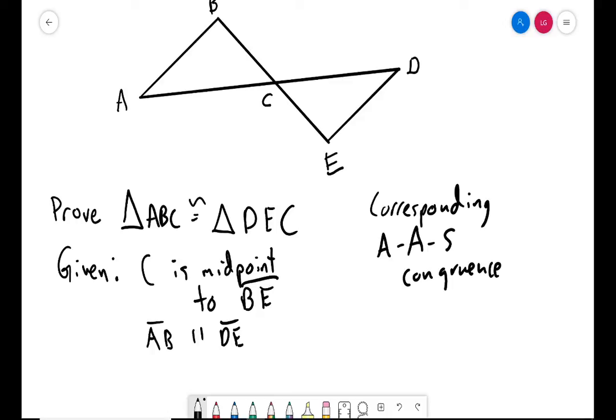Now let's talk about them in succession. What is important about these given statements, or where do they lead us? The first one should be clear. For C to be the midpoint between B and E means that these segments are congruent.